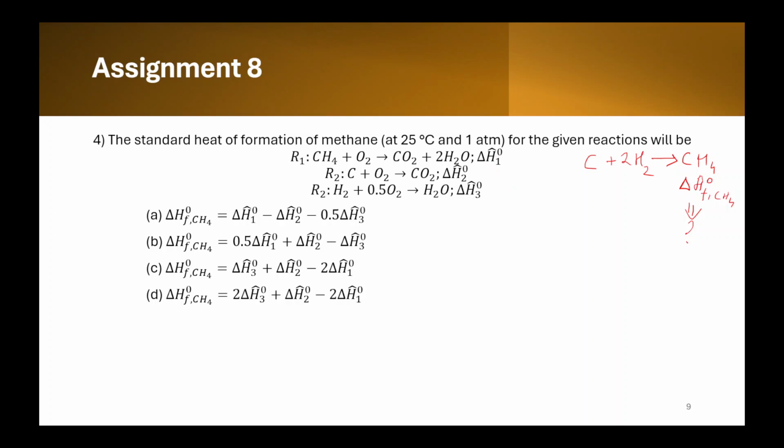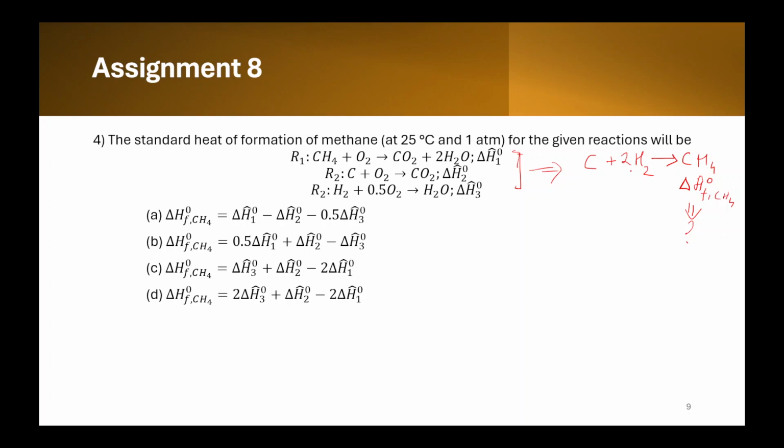So how to compute the standard heat of formation of methane? We need to compute C plus 2H2 giving CH4 from these 3 reactions. We need to do some algebraic manipulation to get the resultant as this final reaction.